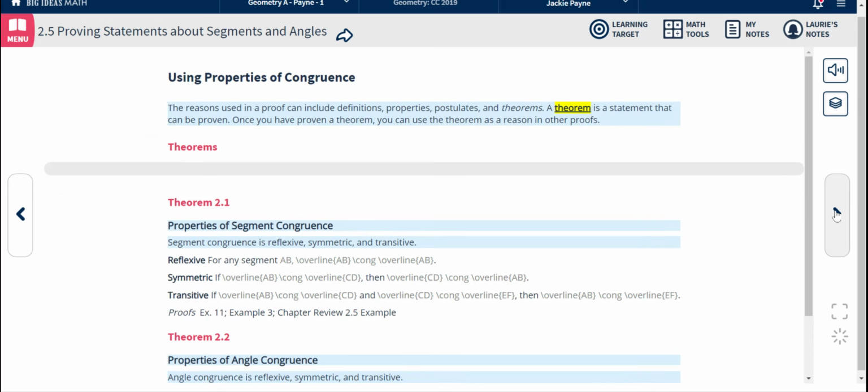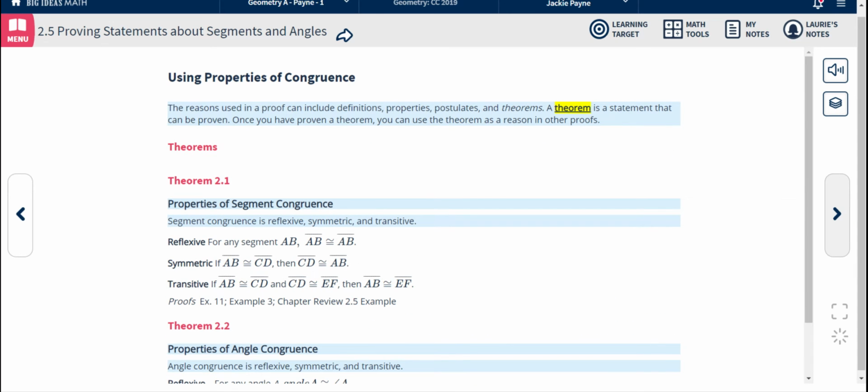So what we're going to do is talk about these theorems. You can use definitions, properties, postulates, and theorems that we've used before. A theorem is a statement that can be proven, as opposed to a postulate, which we just accept to be true. But once you prove that theorem, then you can use that theorem throughout the rest of the year.